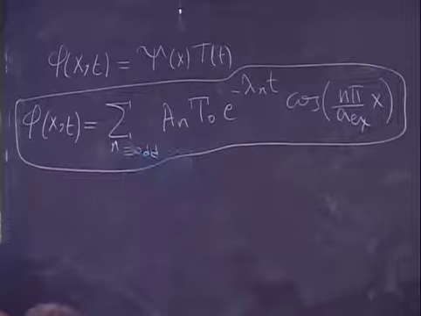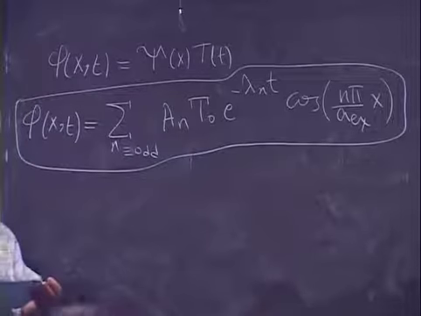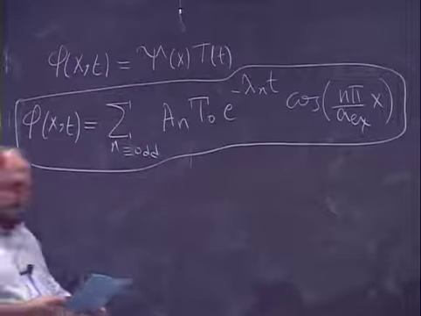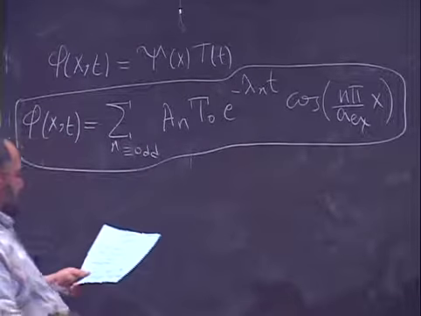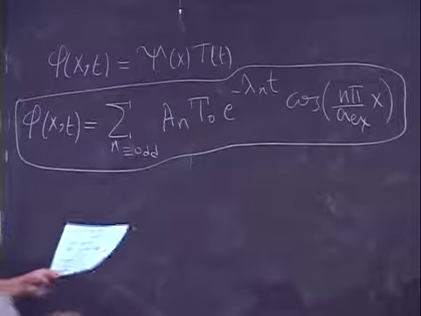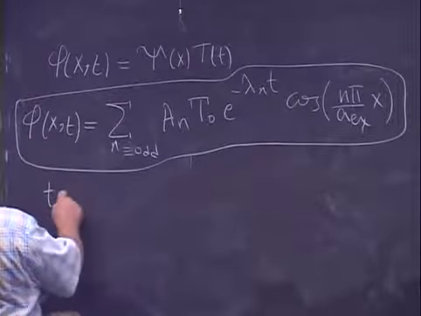Then you will have one remaining constant to calculate, which is an. How to calculate an? Usually we calculate an from the initial condition at t equal to 0.